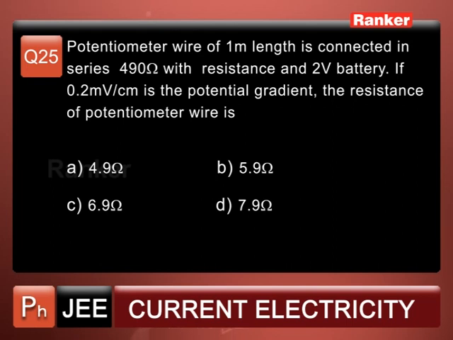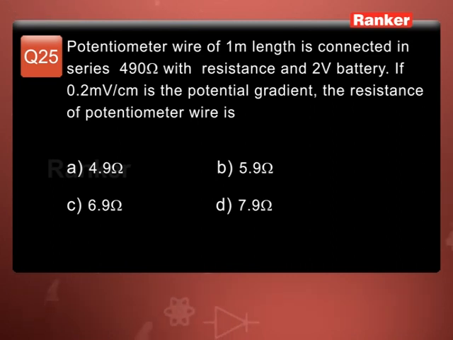This also is based on potentiometer concepts only. Potentiometer wire of 1 meter length is connected in series to 490 ohm with resistance and 2 volt battery.